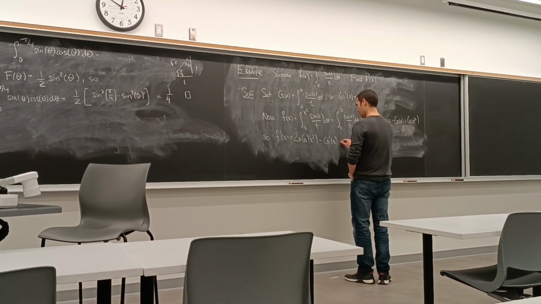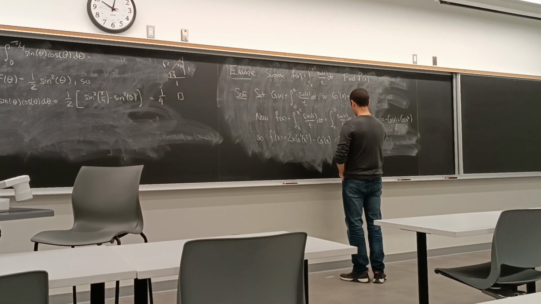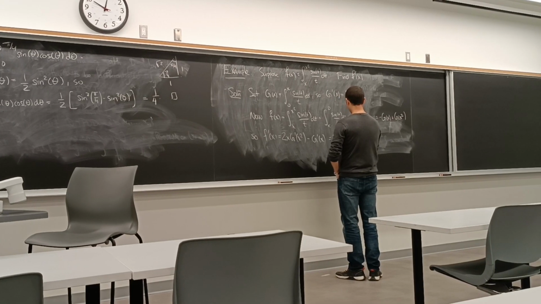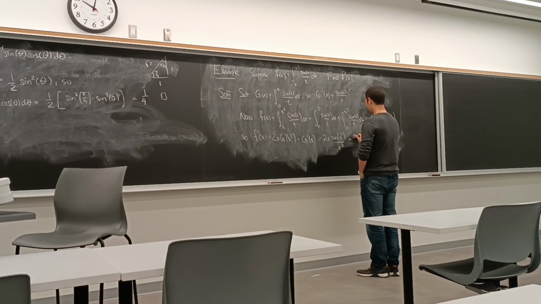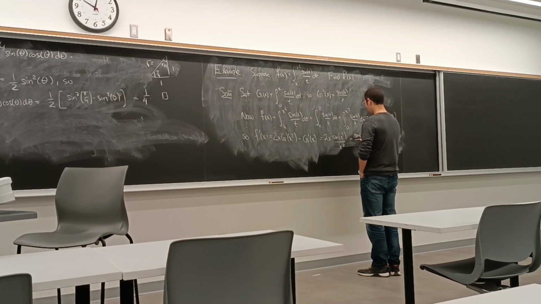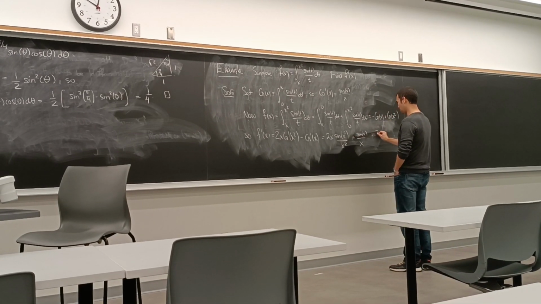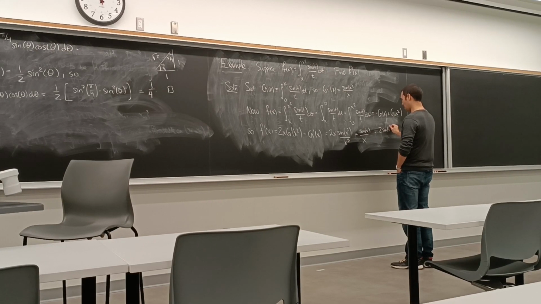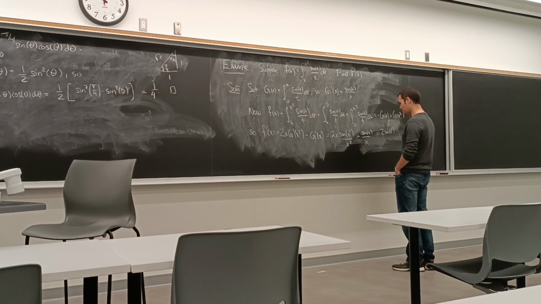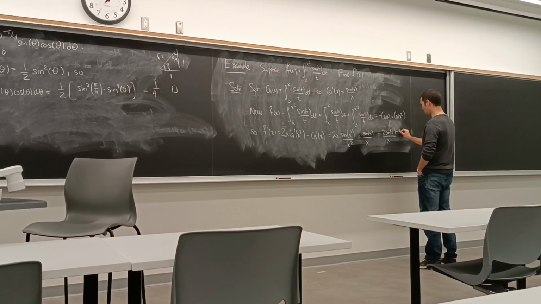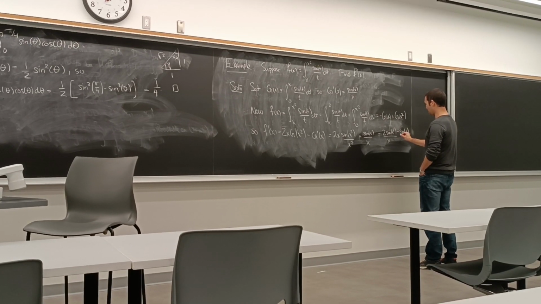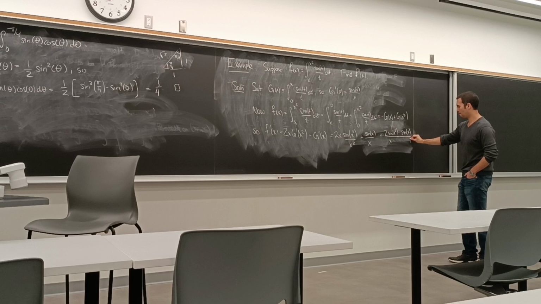So we're going to get 2x sine x squared over x squared minus sine x over x. So 2 sine x squared over x minus sine x over x, and we're done.